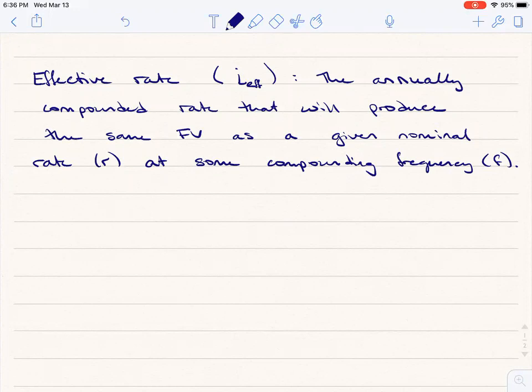We're venturing to the back page of your formula sheet today. And the first formula on there is that the effective rate is 1 plus I to the power of F minus 1. This is on your formula sheet.